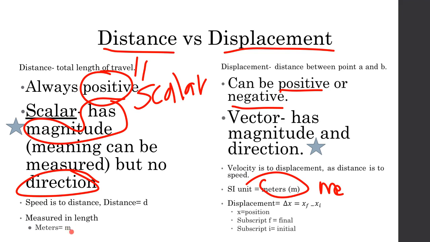We can both use those in meters, but we have a direction going along with it. Other things that are vectors: velocity, acceleration, displacement. Speed is a scalar, just a number with a unit. So 60 miles per hour looks like something with a direction, but it's not. That's just a unit.